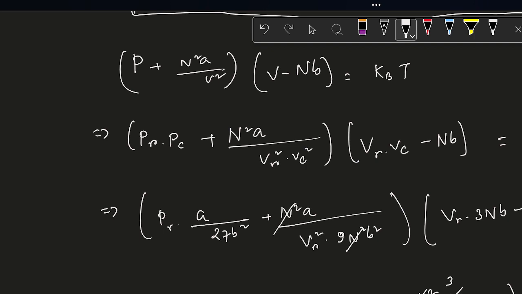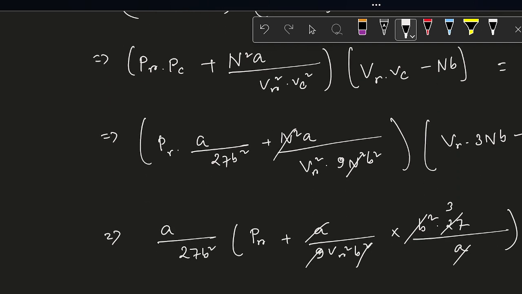And in the second term we also take out a common factor of 3NB, so the first term becomes VR minus, to compensate for this, NB by 3NB, equal to KB TR into 8A by 27B.